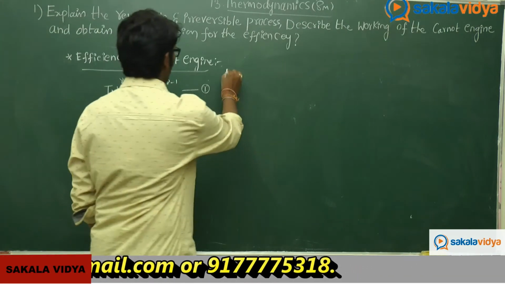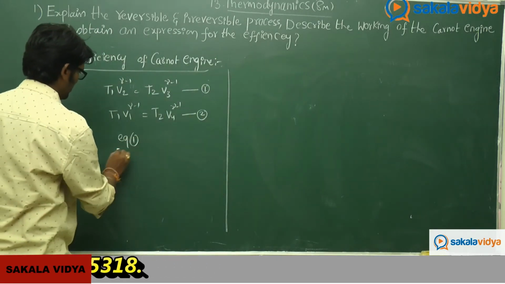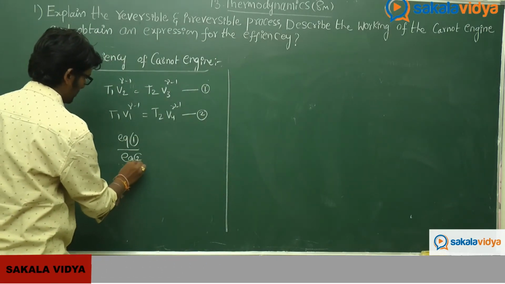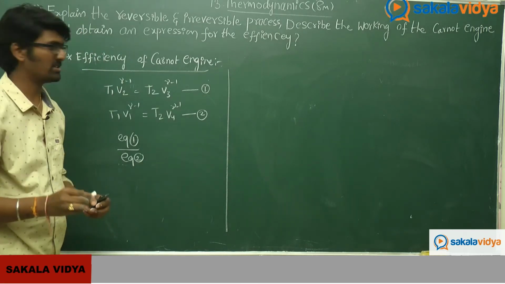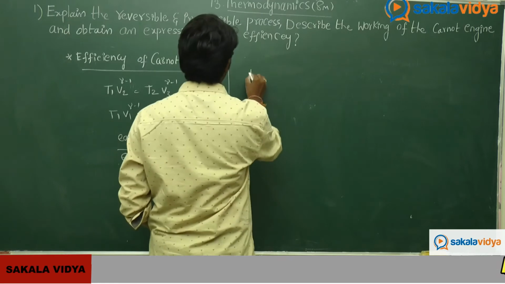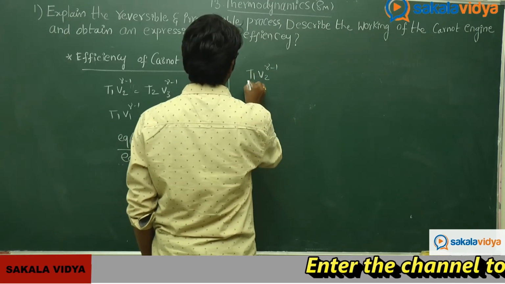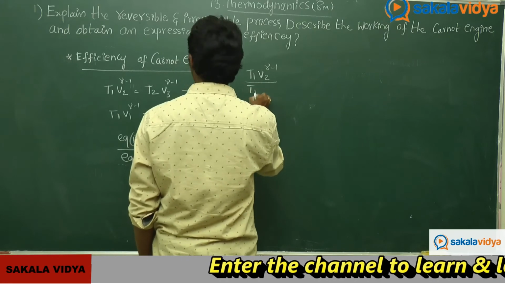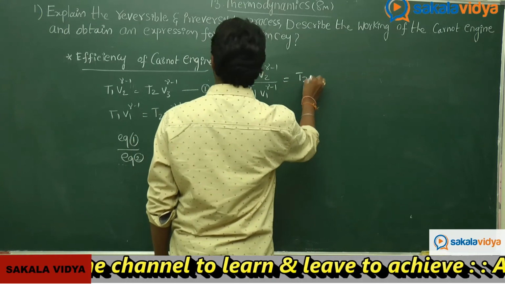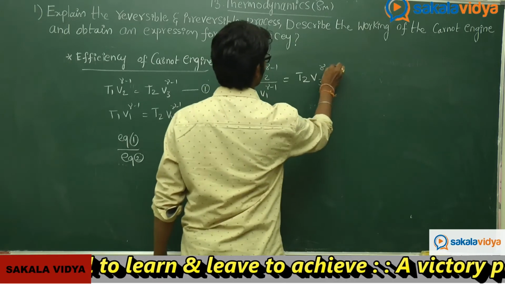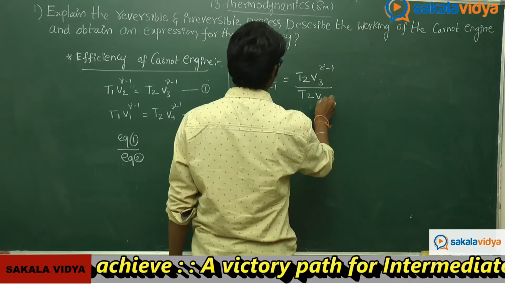So from equation 1 divided by equation 2, T1 V2 power gamma minus 1 by T1 V1 power gamma minus 1 is equal to T2 V3 power gamma minus 1 by T2 V4 power gamma minus 1.